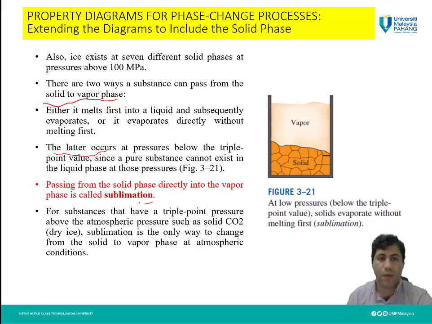So we have introduced this sublimation line as well, changing phase from solid directly to vapor. For substances that have a triple point pressure above the atmospheric pressure, such as solid CO2 or dry ice, sublimation is the only way to change from solid to vapor phase at atmospheric pressure.